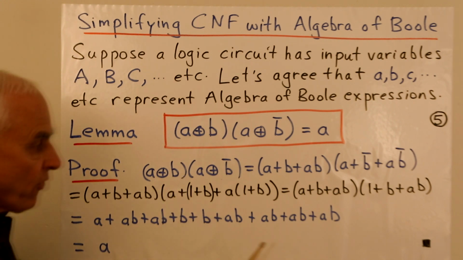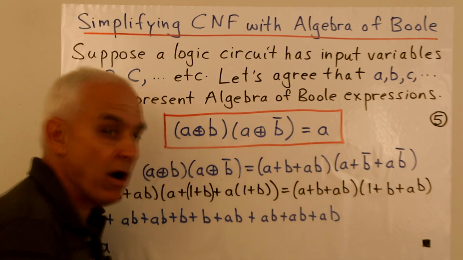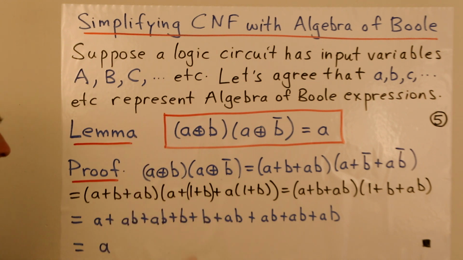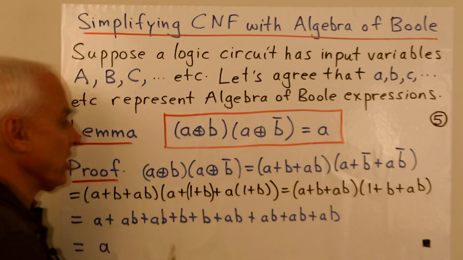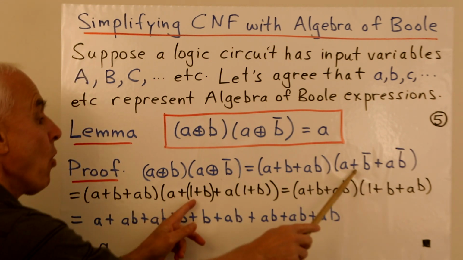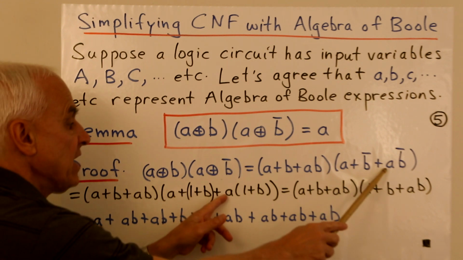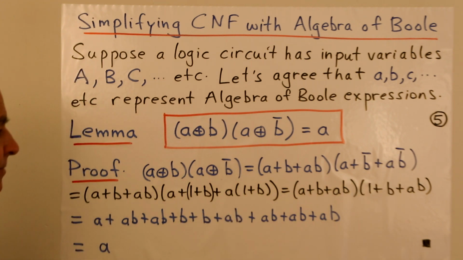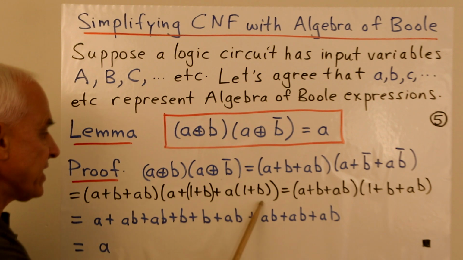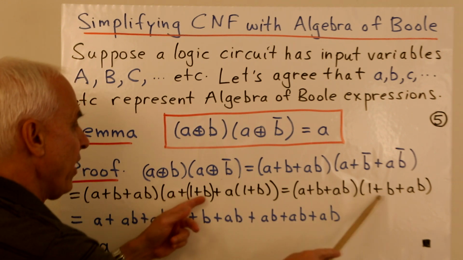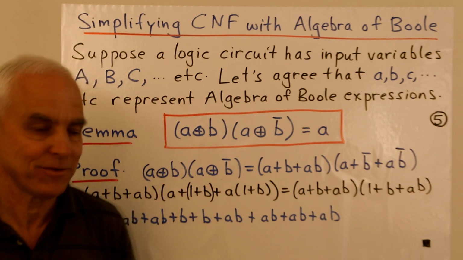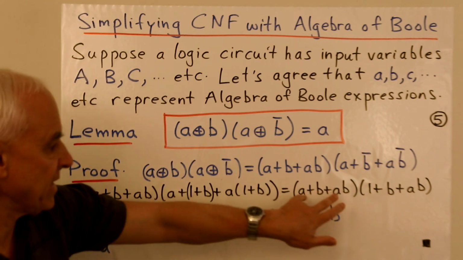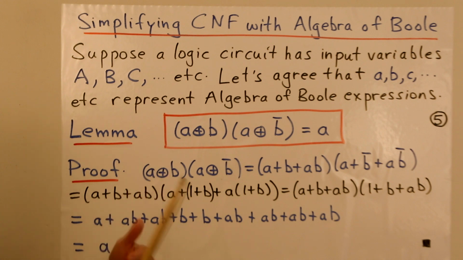Now we can go one step further and replace the B bars with what they are in the algebra of Boole, which are 1 plus B. So we repeat this, A plus B plus AB, and now this expression becomes A plus 1 plus B plus A times 1 plus B. When we expand this out, we get a 1 plus B plus AB, because the A here and the A here cancel. So this is the expression that we need to expand and simplify.